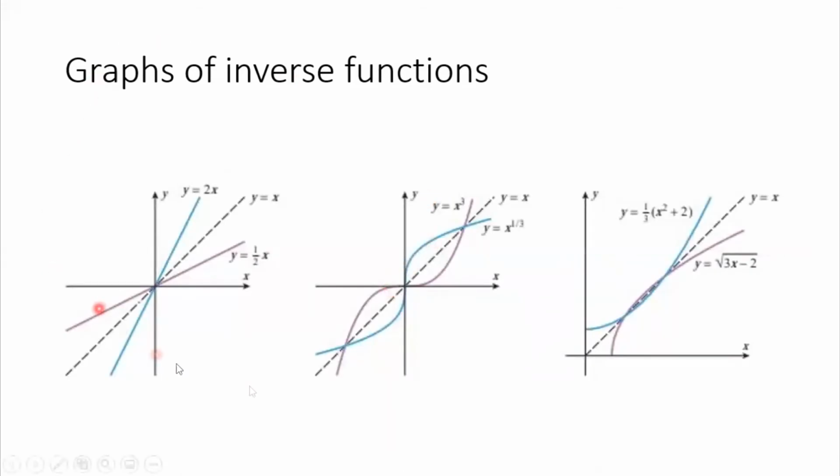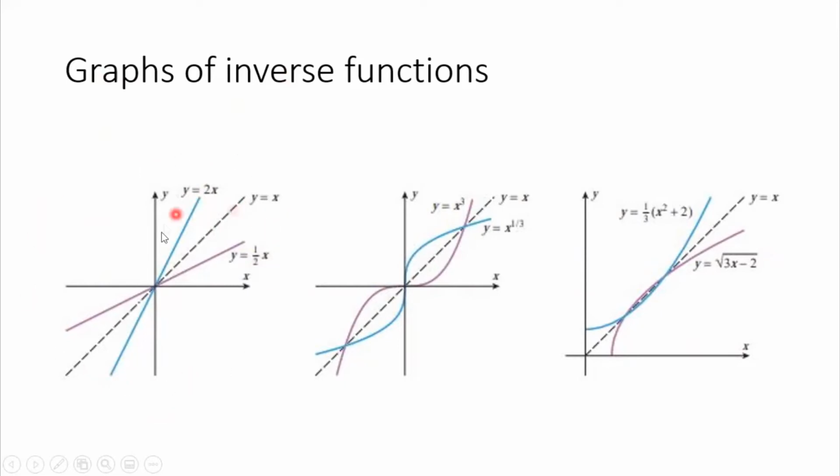We also have other examples. Suppose we have y is equal to 2x and y is equal to 1/2 x. Then we can say that 1/2 x is an inverse function of 2x if we can show that the graph of this function is a reflection of the graph of 2x about y is equal to x.